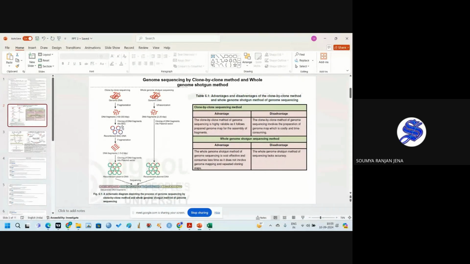The maximum clone possible in a bacterial artificial chromosome is 150 to 300 kilo base pair. So we have to fragment the genomic DNA to 150 to 300 kilo base pair.